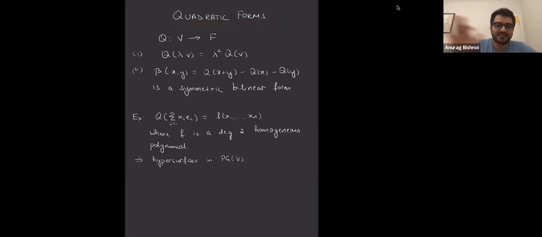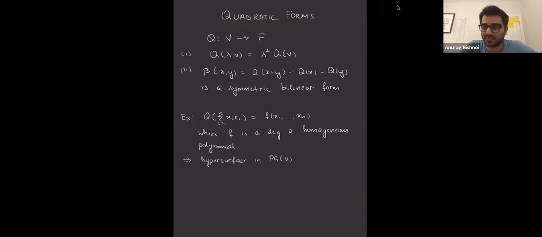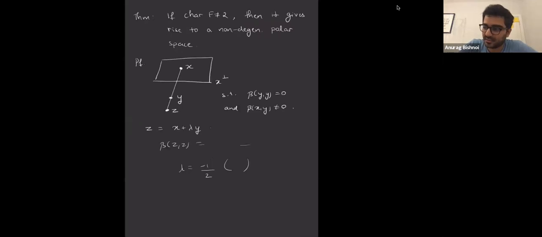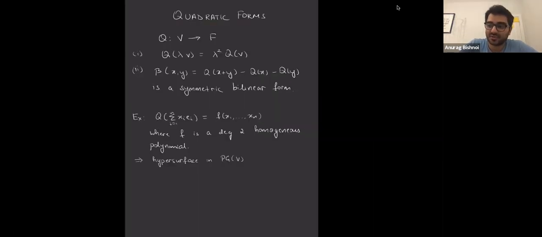I'll define what those are. Moreover, they actually give you some new examples when you have characteristic 2. In characteristic 2, this was potentially a degenerate polar space, but then you can use a quadratic form and you get non-degenerate polar spaces there. That's the main idea behind them.